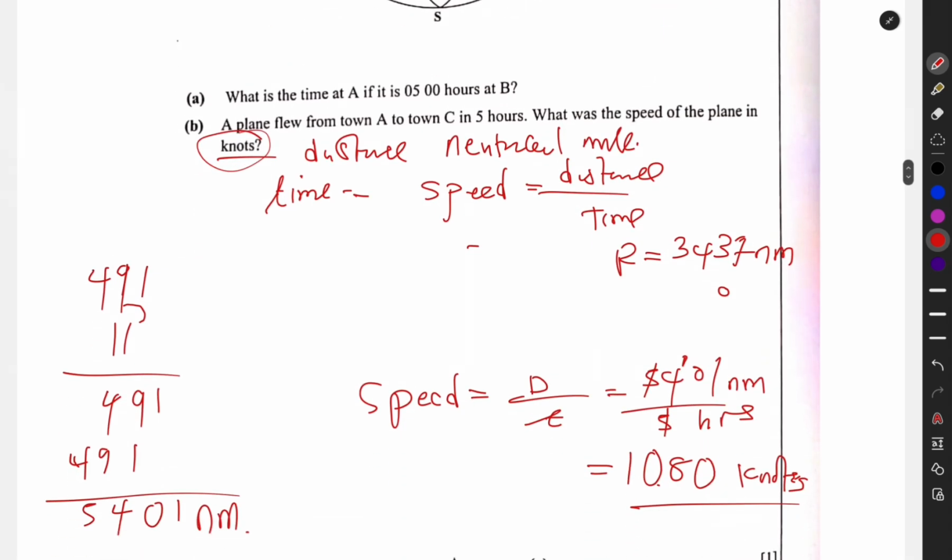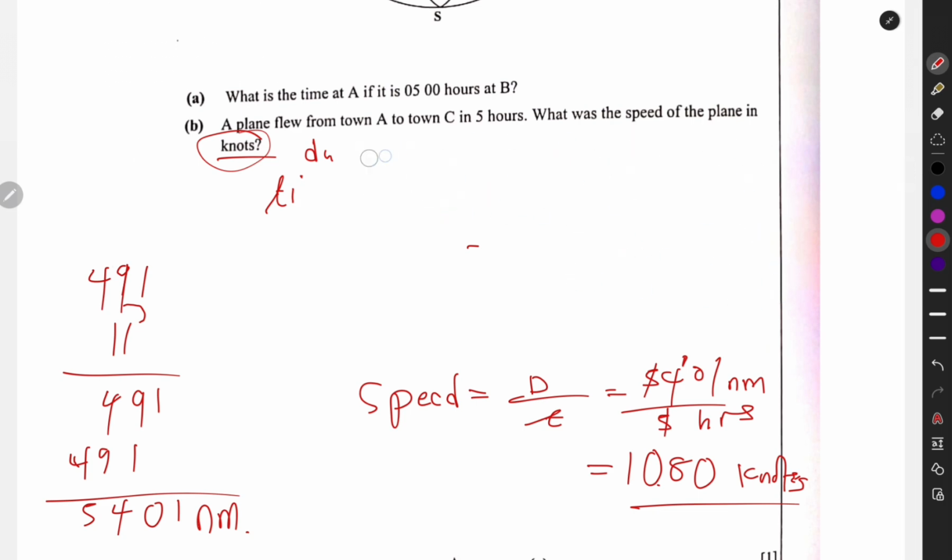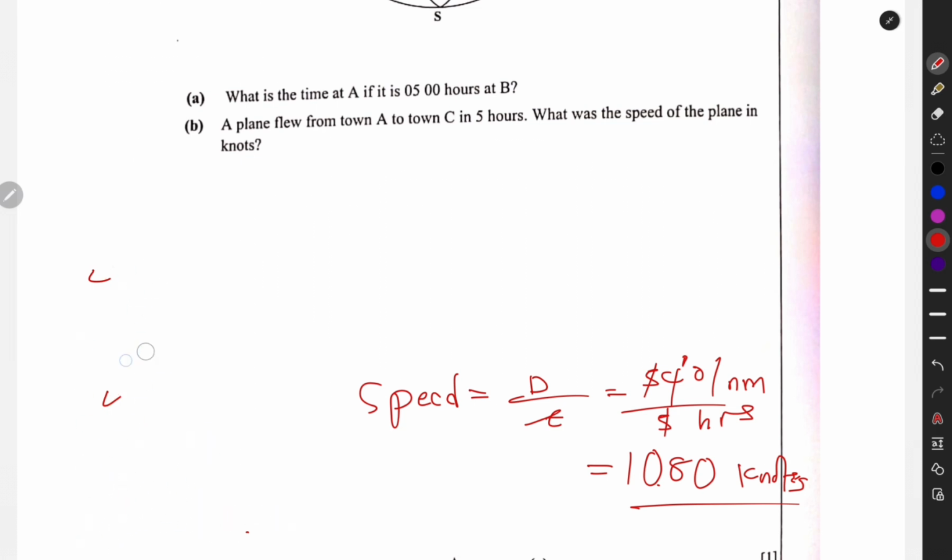But in all this, the easiest way that you can use to find distance if it's nautical miles, let me just show you. Maybe it might be something easy. So if you're finding it in knots, speed is equal to distance divided by time.